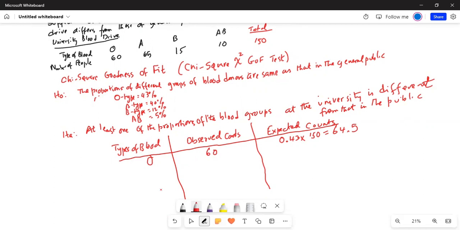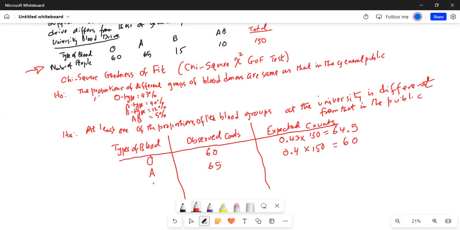Okay. Next, we will do the A type. The observed count is 65, which comes from the table here. And my expected count is 0.4 times 150, which is 60.